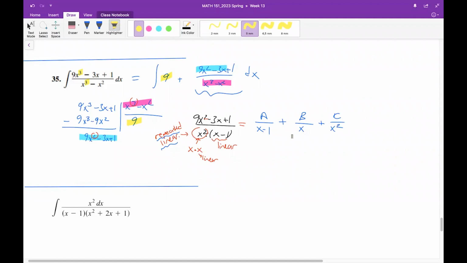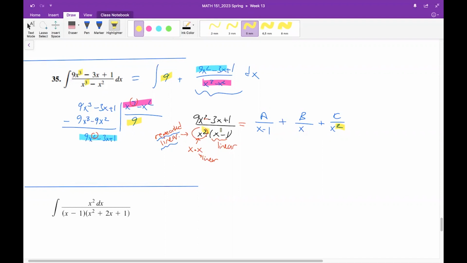You keep using the same strategy, put B, put C, some constants, and at each step you increase the power by 1 till you hit this correct power. This is what you should do if you have a repeated linear factor.